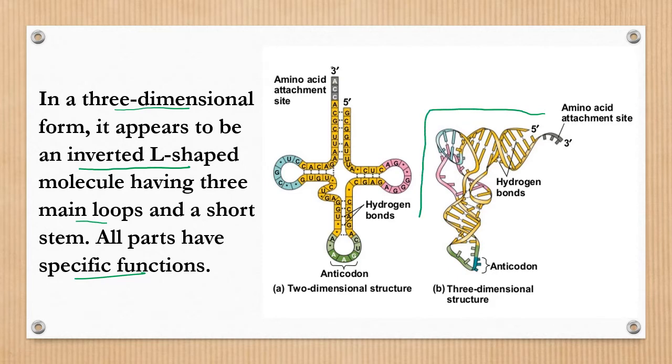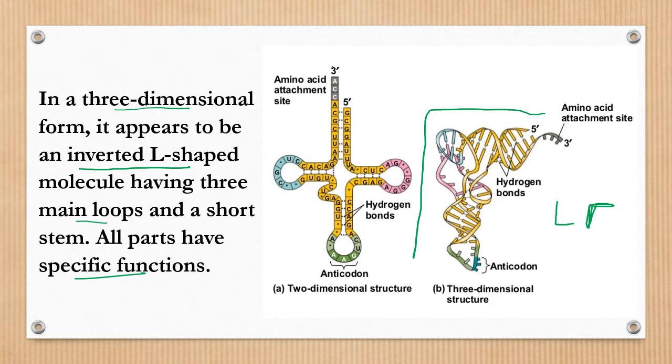It has three main loops. What are the three main loops?